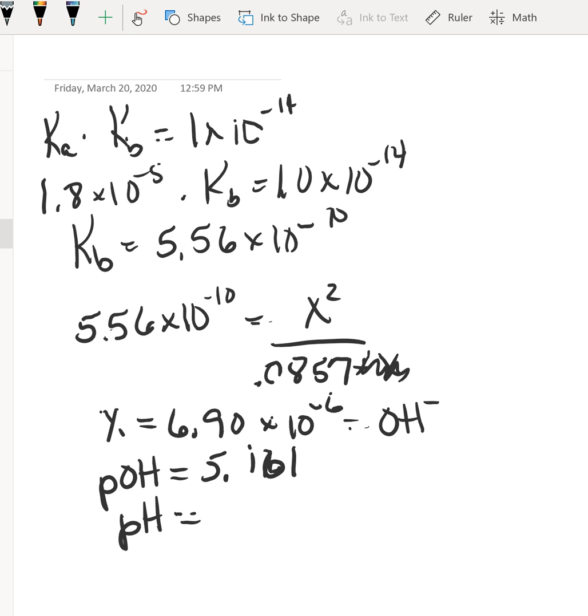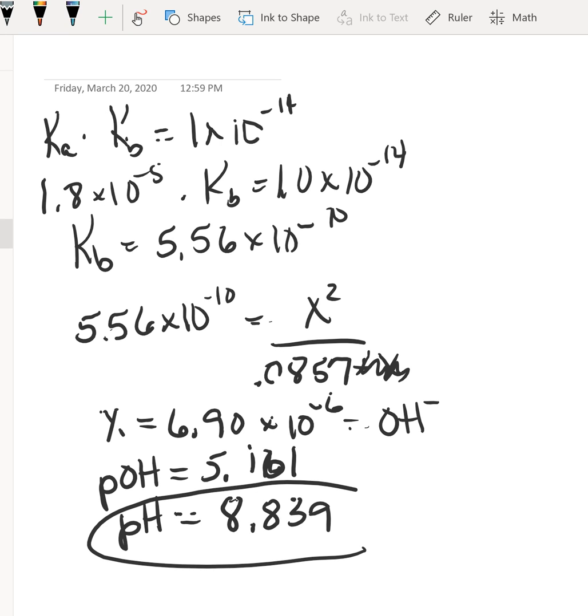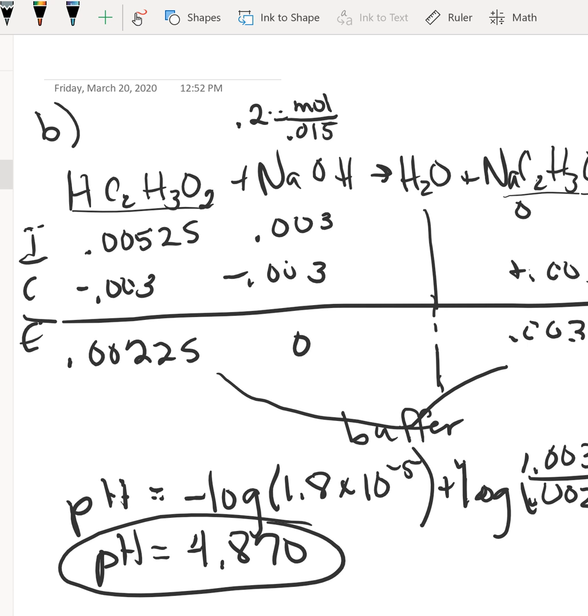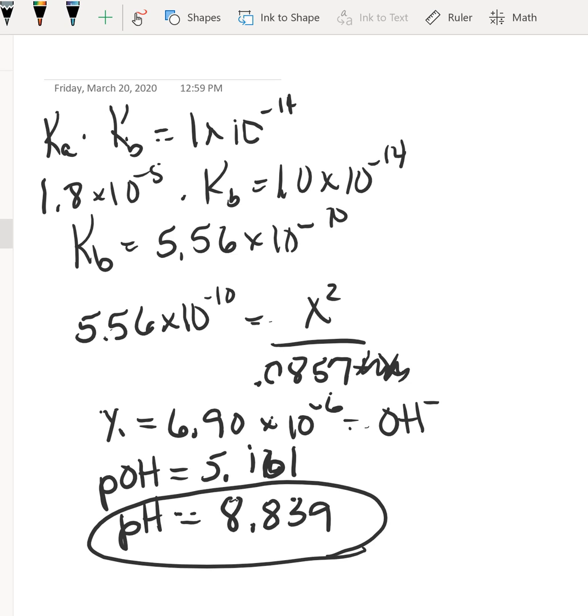So 14 minus that number. Okay, so my pH continues to rise. Last time it was 4.87, now we're at 8.839 at the equivalence point.